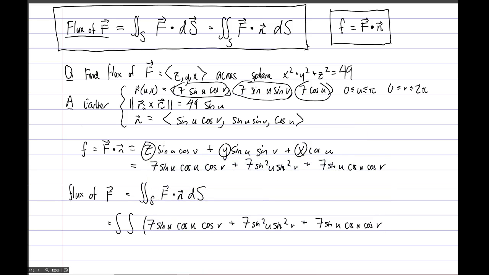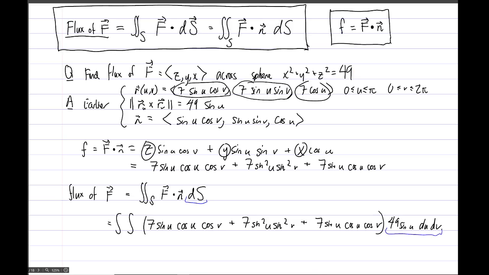And then the dS needs to get replaced, but dS should be this 49 sine u du dv. So I'll just underline in blue that part's the same as before.